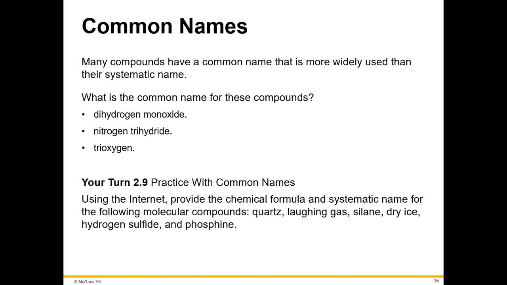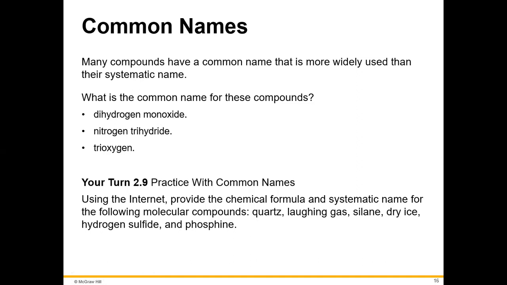And then sometimes we don't use the molecular name, we use a common name. So dihydrogen monoxide, have you thought about what that might be? Hydrogen 2, O1, that's H2O. So the actual real name of water is dihydrogen monoxide.